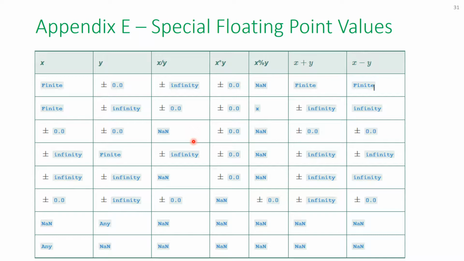And yes, you can have plus 0.0, minus 0.0. Doesn't make any sense from an arithmetic point of view, but you can have it here, okay? So what it's telling you is that if x is a valid number and y is 0.0, then x divided by y is going to give you plus or minus infinity. Again, not a keyword, infinity. That's just a special value.